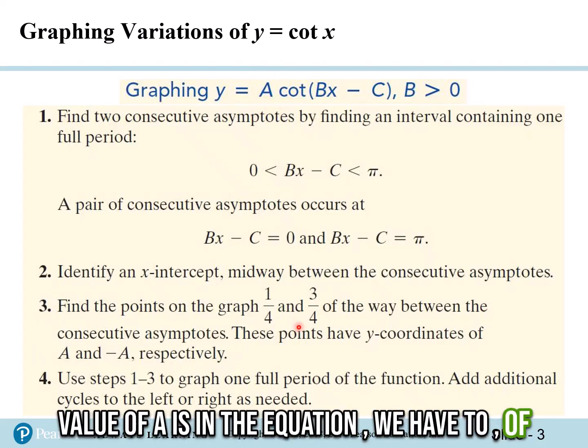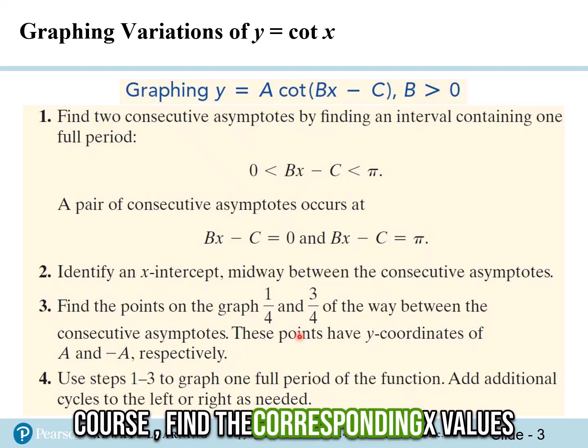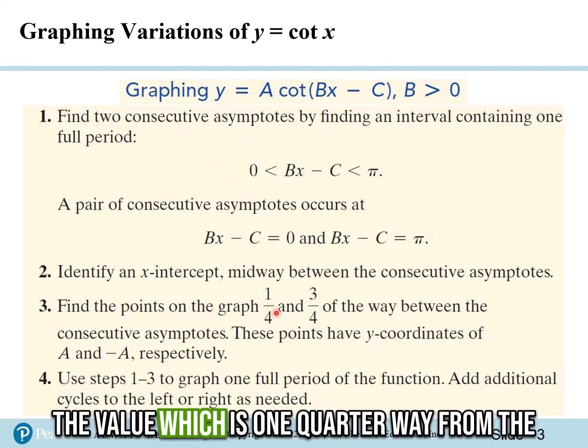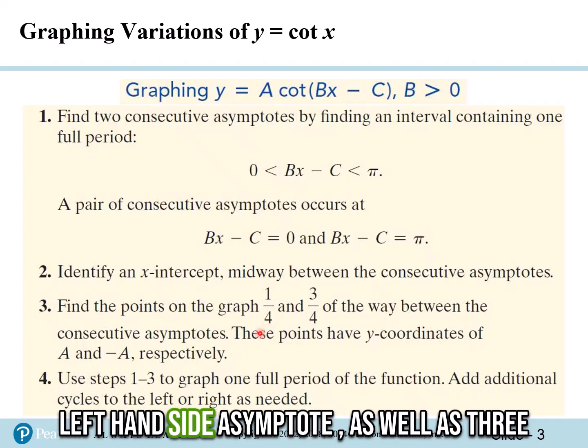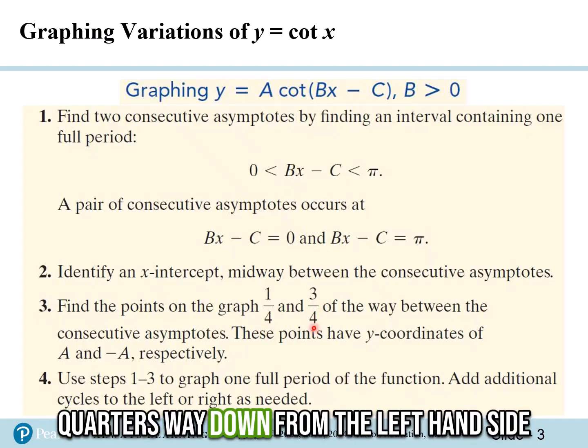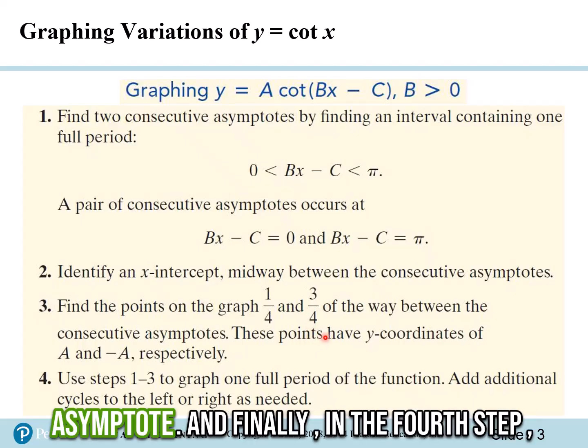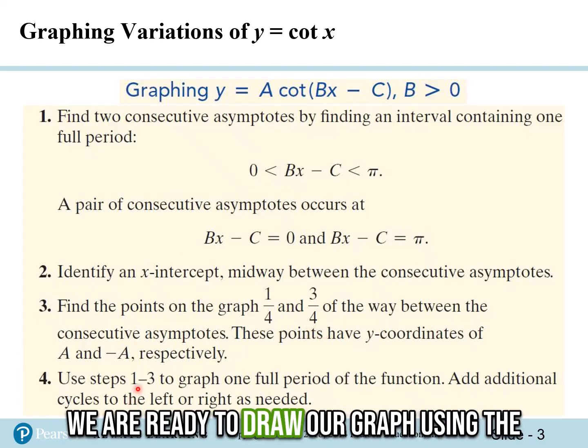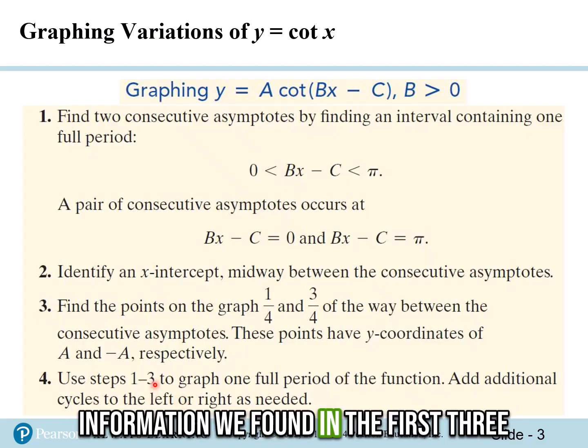We have to, of course, find the corresponding x values, the value which is 1/4 way from the left-hand side asymptote as well as 3/4 way down from the left-hand side asymptote. And finally, in the fourth step, we are ready to draw our graph using the information we found in the first 3 steps.